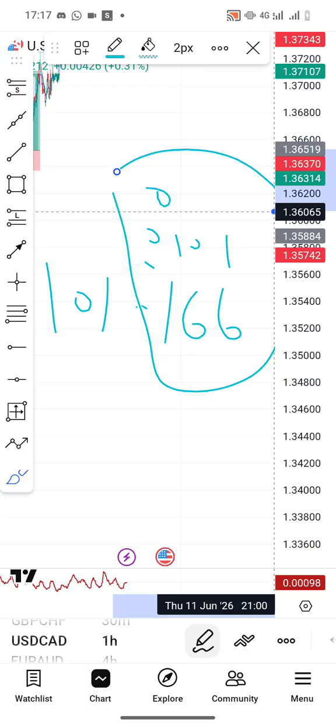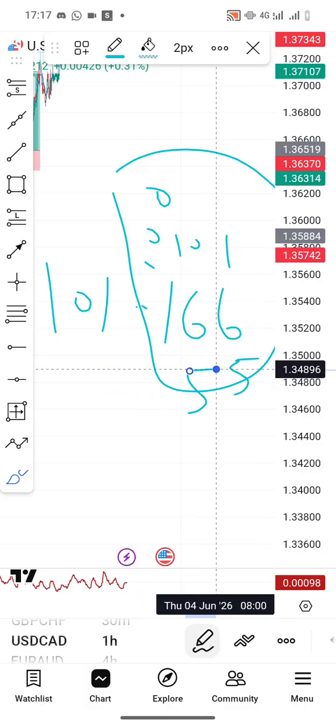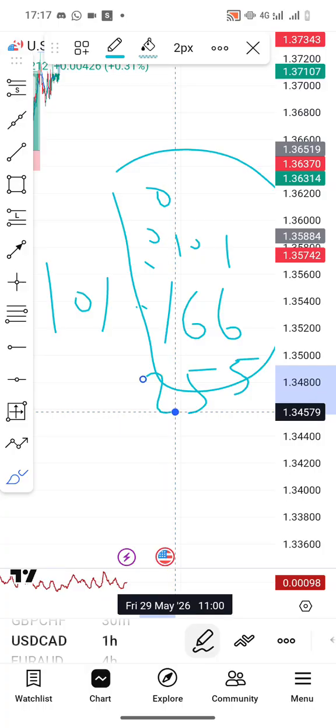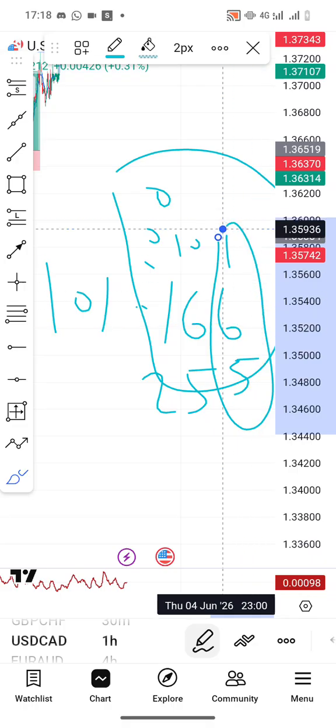And on this end right here, if this one moves to 5, we have dropped down what, 1 pip. Are you getting it? So if this 6 right here moves to 5, we have dropped down 1 pip.